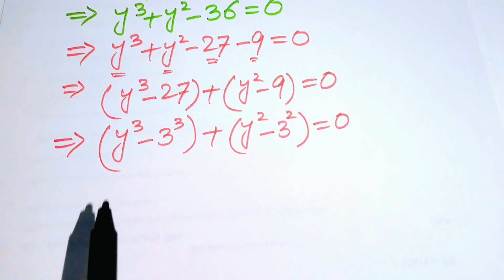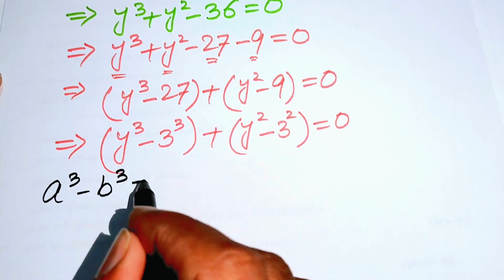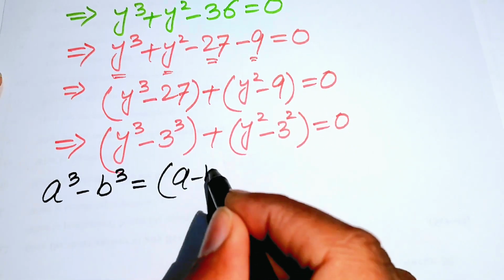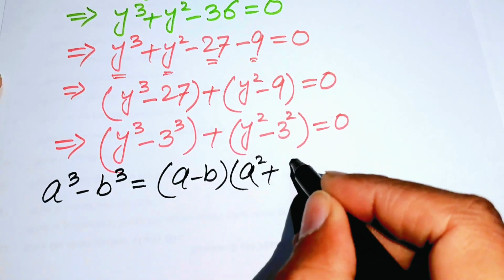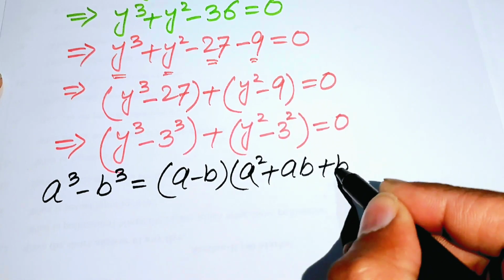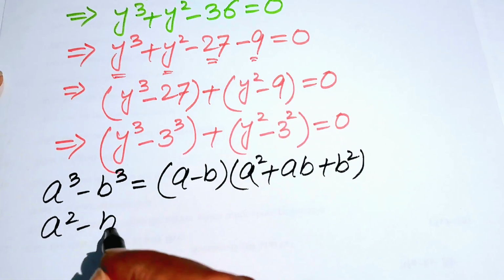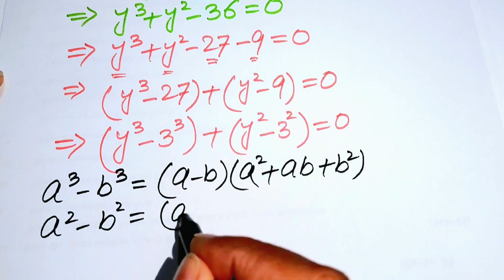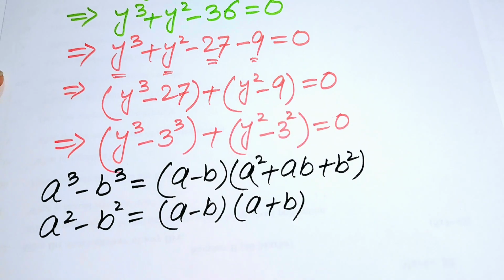So we know that the cubic formula is, if we have a cubed minus b cubed, it equals a minus b times a squared plus ab plus b squared, and our square identity will be written as a squared minus b squared equals a minus b times a plus b.